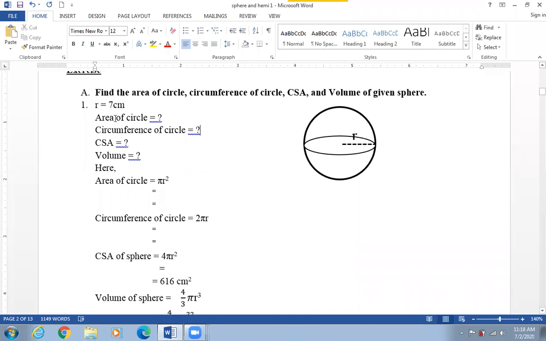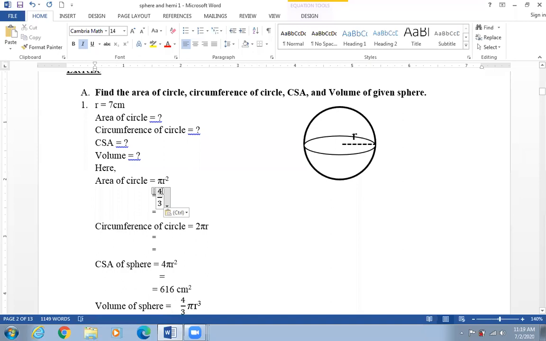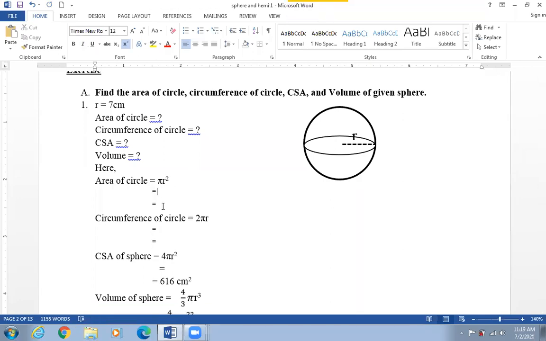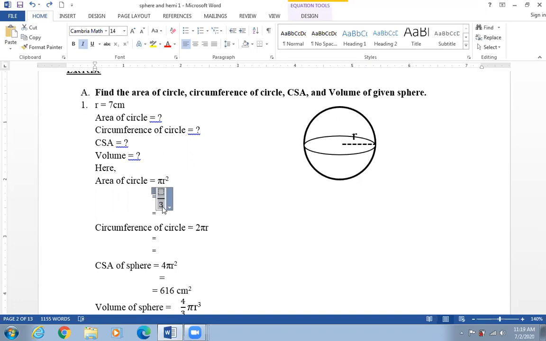So what you are asked, area of circle. What is the formula of area of circle? Pi r square. What is the value of pi? 22 by 7, it's 22 divided by 7.